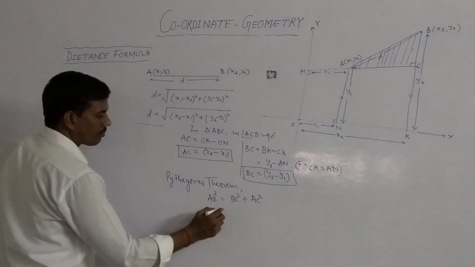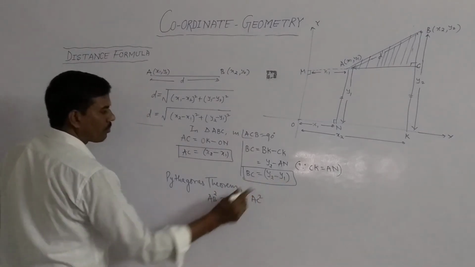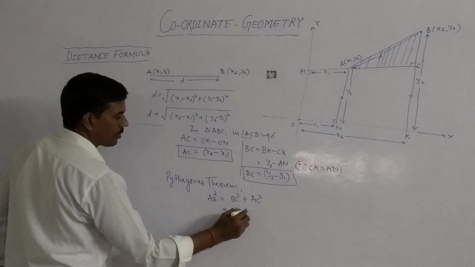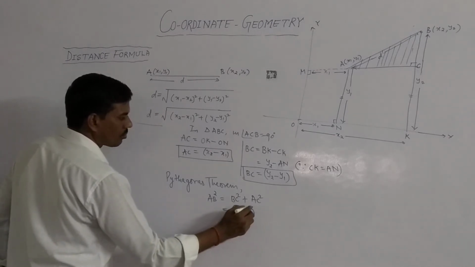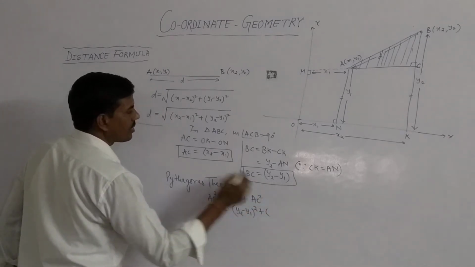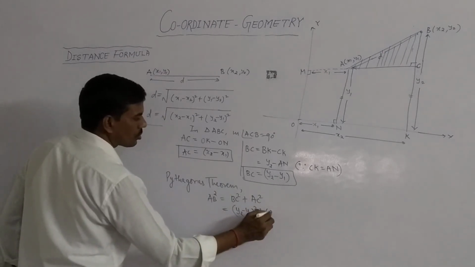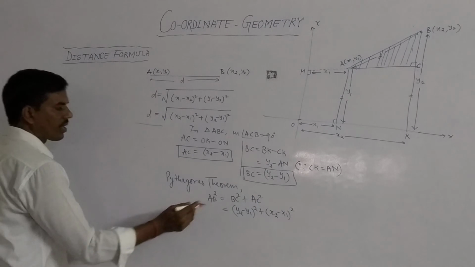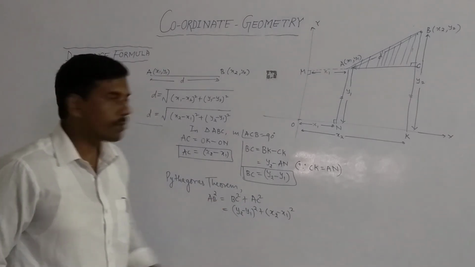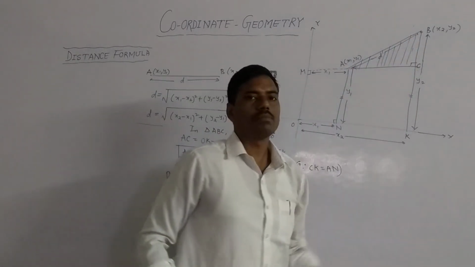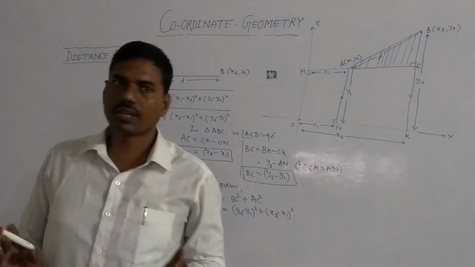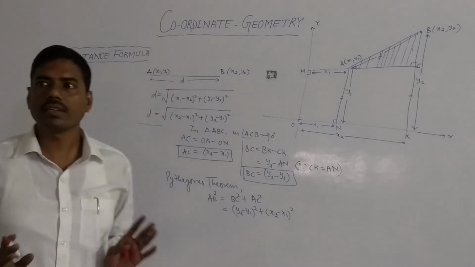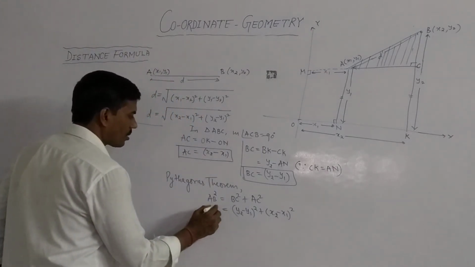Okay, and BC means Y2 minus Y1, to the whole square, plus AC means X2 minus X1, to the whole square. And since the measurement of AB is assumed D, this one is D square.